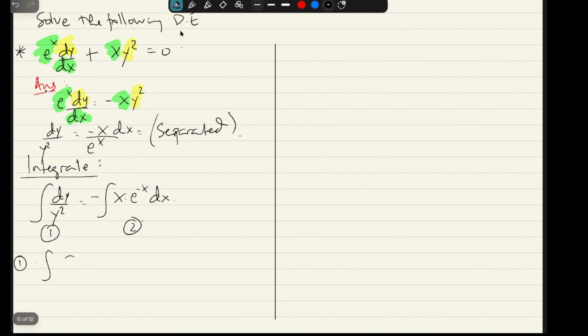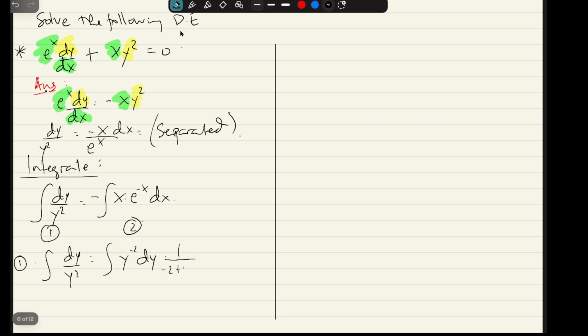The integral of dy over y squared is the same as the integral of y to the power of negative 2 dy.